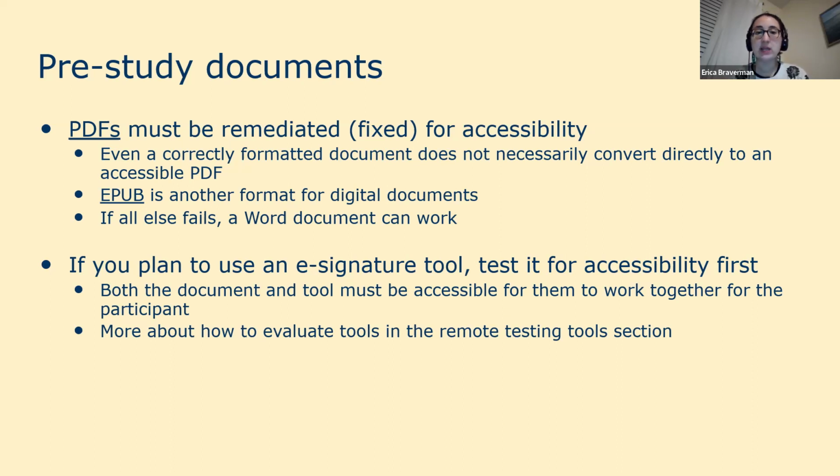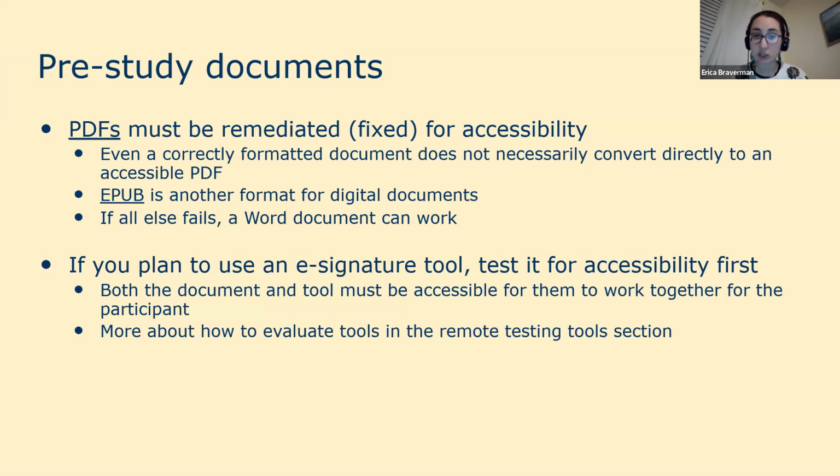If you're using something like HelloSign or DocuSign, test it for accessibility first. We're going to talk more about evaluating tools in the remote testing section. But even if you have an accessible document, if the tool is not accessible, it's not going to work.